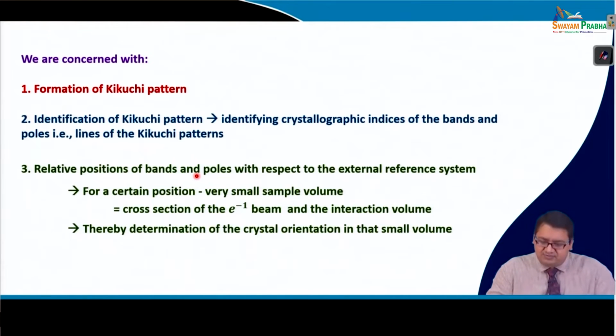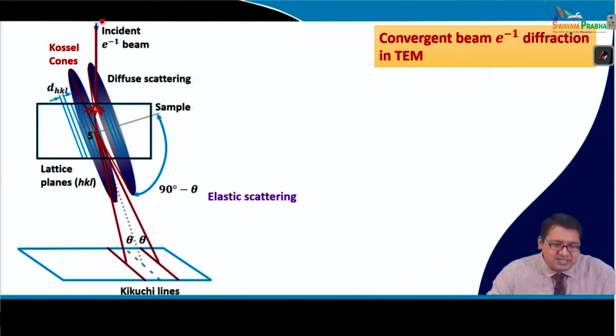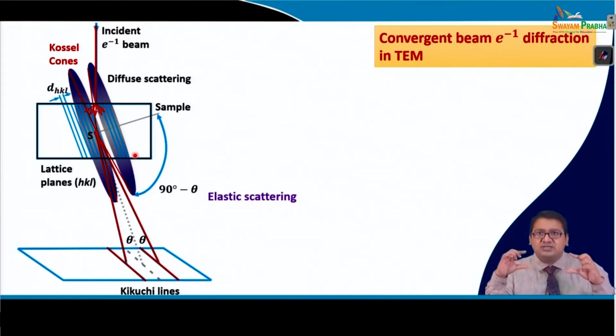So, if we go deeper, how is a Kikuchi band produced? In case of the convergent beam electron diffraction in a transmission electron microscope, when the incident electron beam falls on a very thin sample, and you know that the sample of a TEM is made in such a way that it is basically a round sample and it is thinner at the center and a little thicker at the sides.